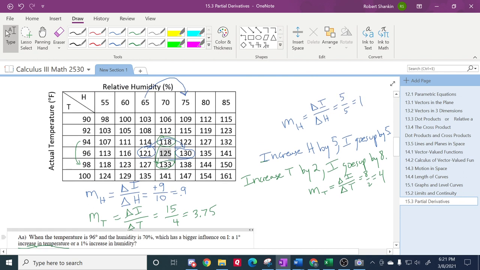When the temperature is 96 degrees and humidity is 70%, then we're only going to be going forward in time. Or forward in, hold on, no, it's the word increase. If I'd have said, which has a bigger influence on I, a change in temperature of 1 degree or a change in humidity of 1%, then we'd have done it the way that I did it, and we'd have gotten this answer.